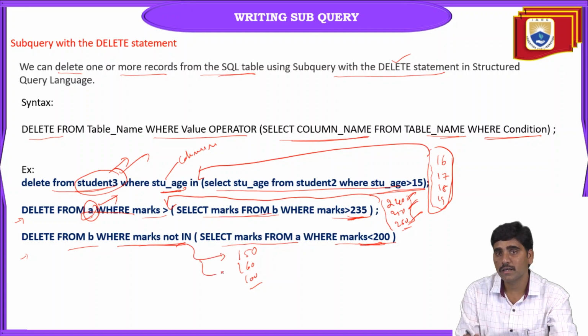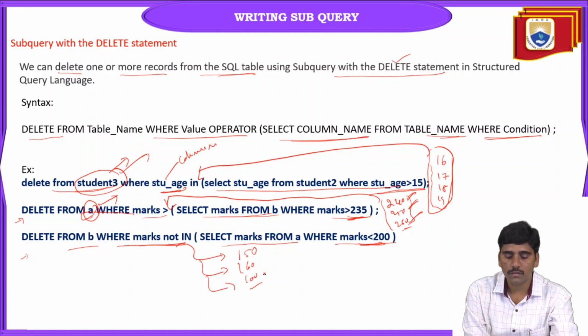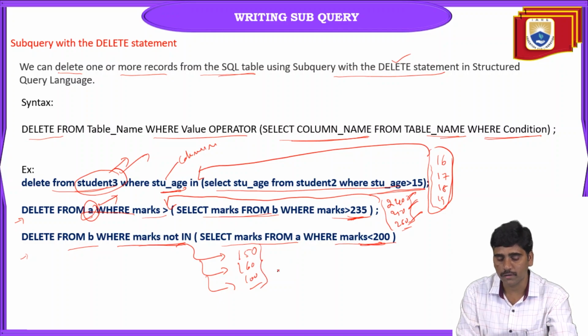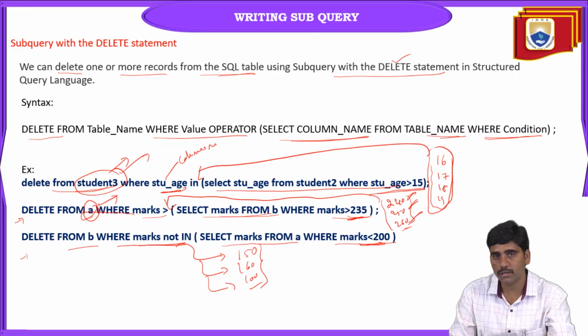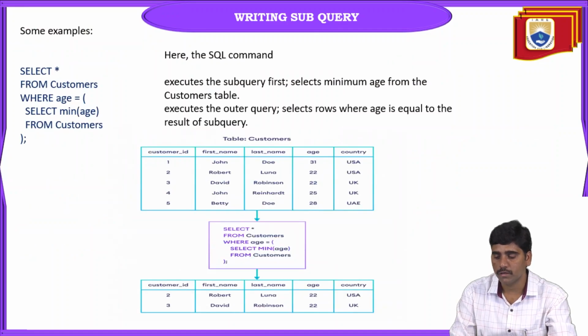So DELETE FROM B WHERE marks NOT IN (150, 160, 100). Whoever does not have these 150, 160, 100 marks, all others will be deleted. So this is the way you can write a query with the DELETE statement.